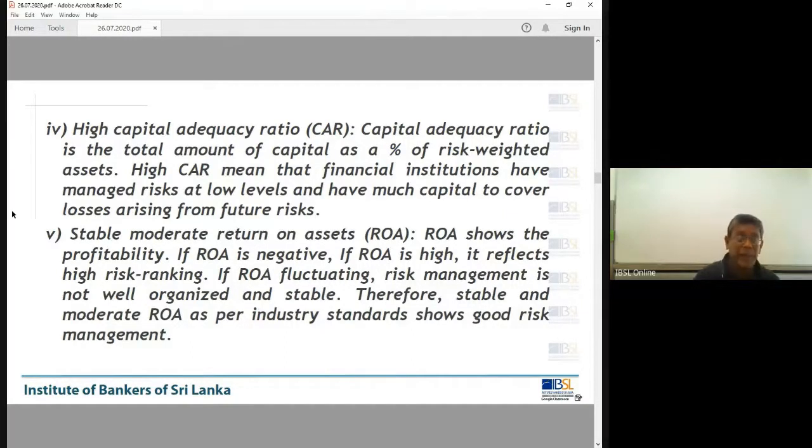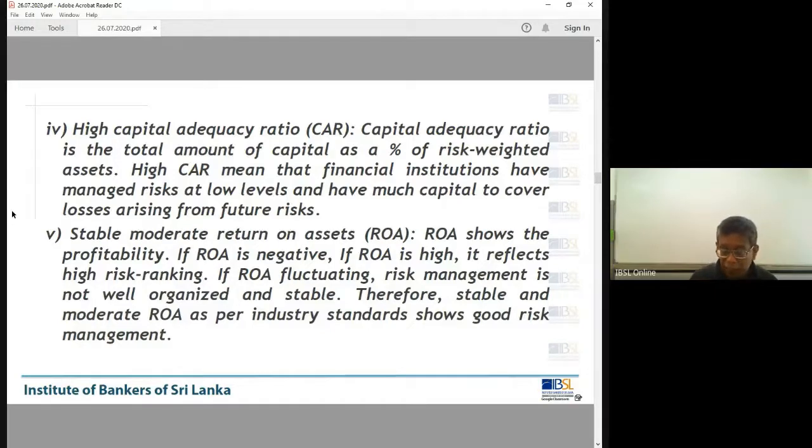And the fifth one is the ROA, return on assets, which shows profitability. If ROA is high, it reflects good performance. So the higher the ROA, that means your bank is managing its profit and its assets very well, without having any risk.